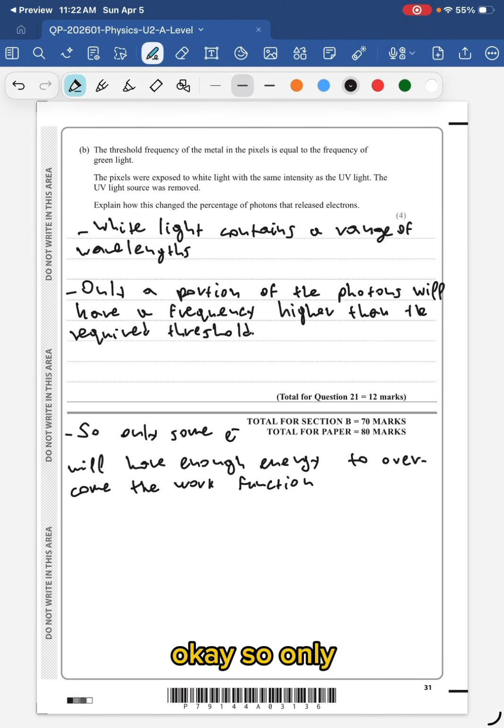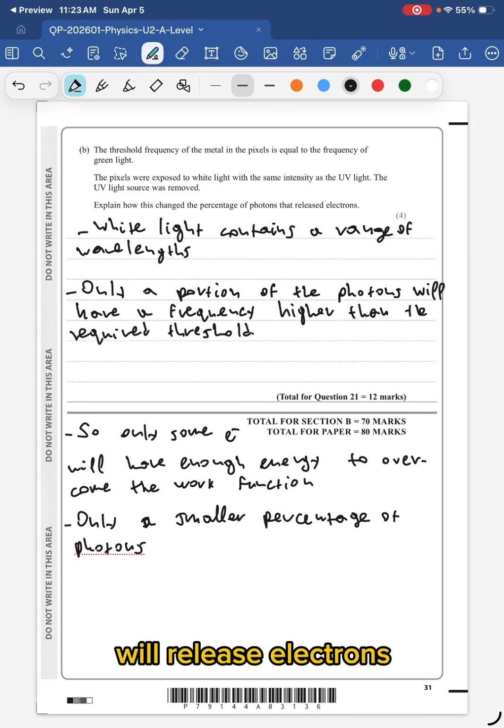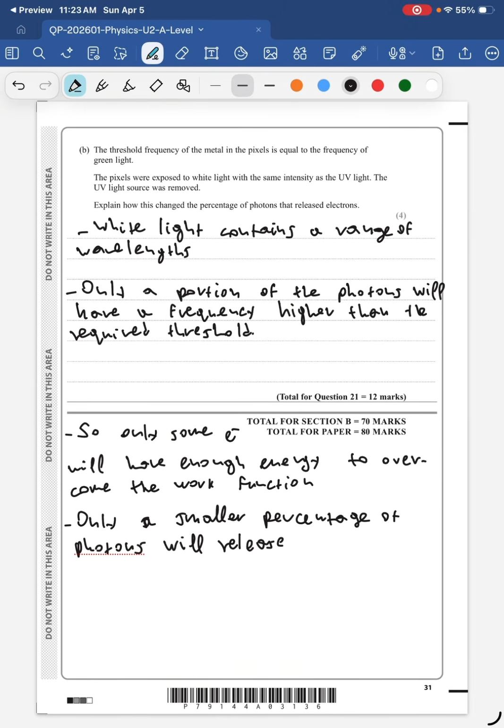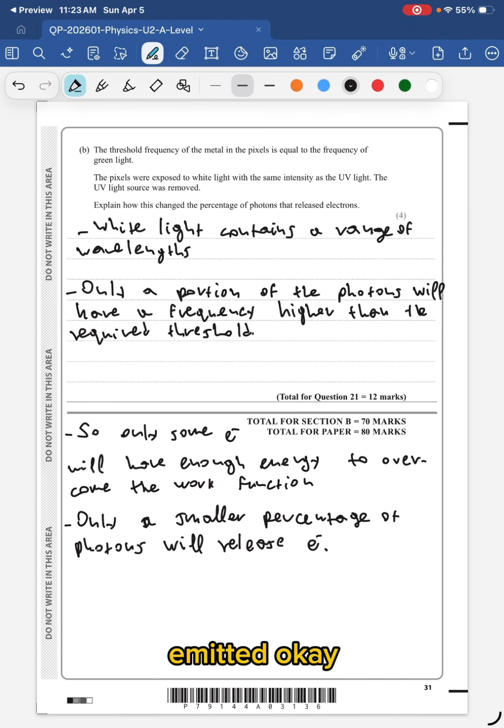So only a smaller percentage of photons will release electrons. Okay, so we will have a reduction in the number of electrons emitted.